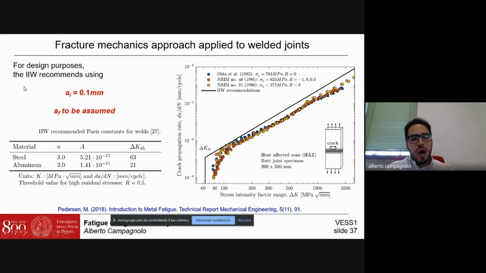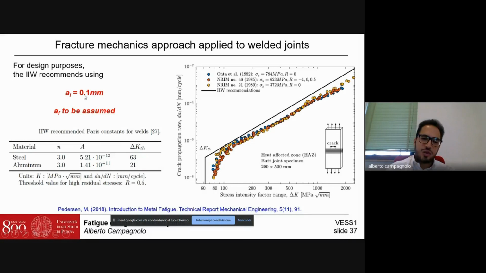IIW suggests to adopt, for the fatigue life calculation using the linear elastic fracture mechanics approach, an initial crack depth equal to 0.1 millimeters, but this should be taken very carefully, since the estimated fatigue life is very affected by the initial crack depth.